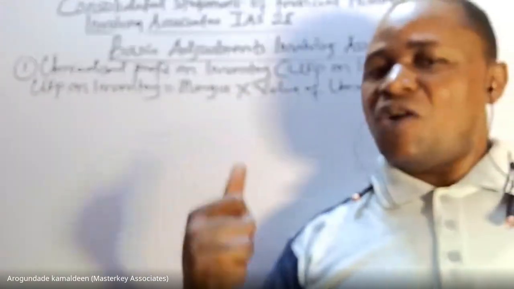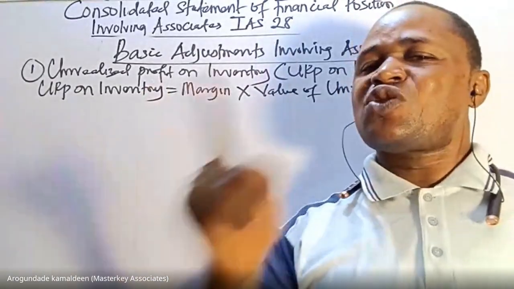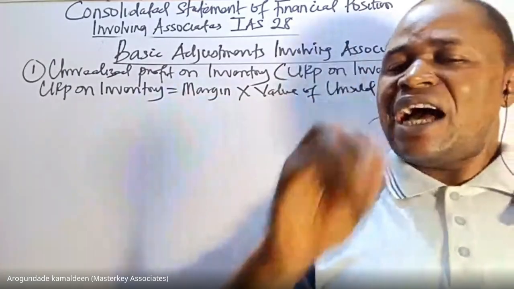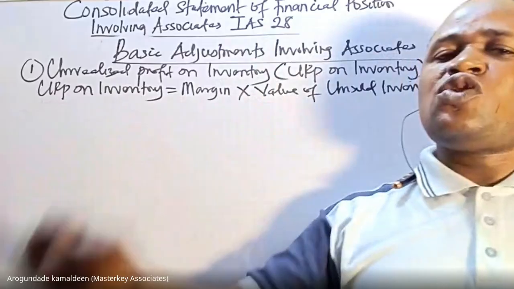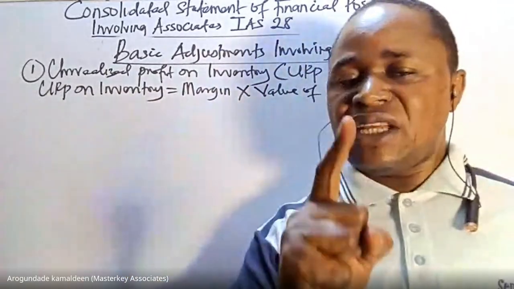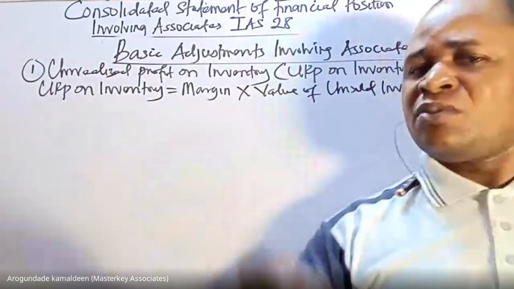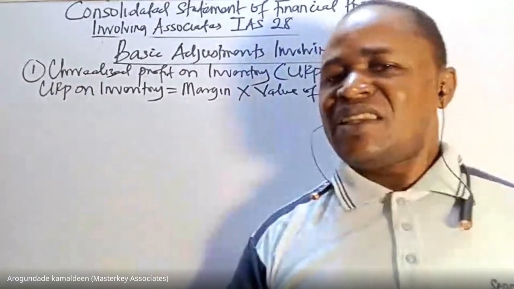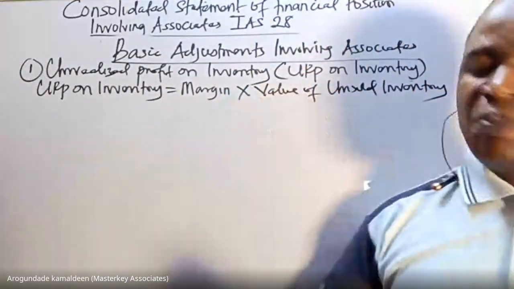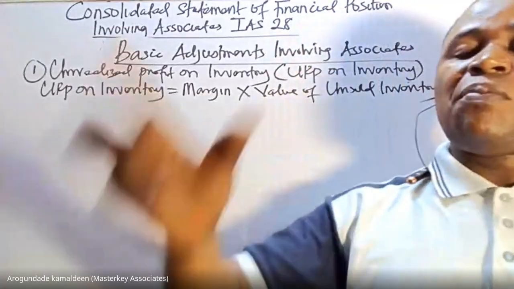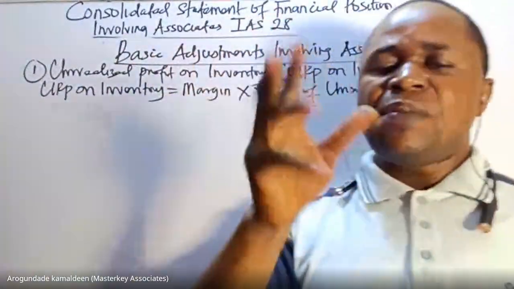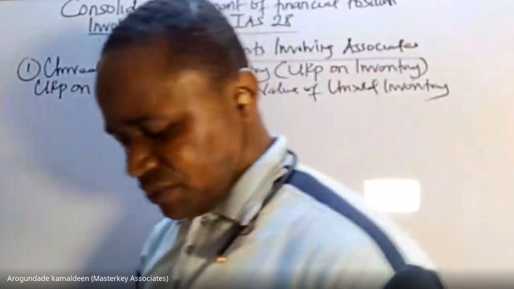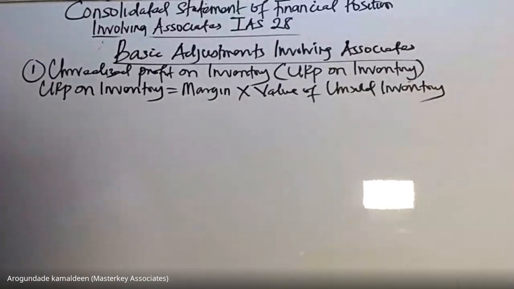But in this case of the parent company and associate, you are not going to take the full value of the URP on inventory. Be with me now. The one you are going to take is going to be the portion of the parent company. How is that? I will show you now.